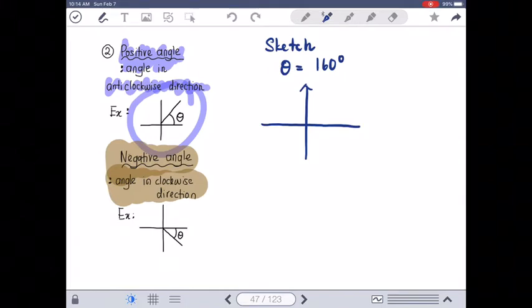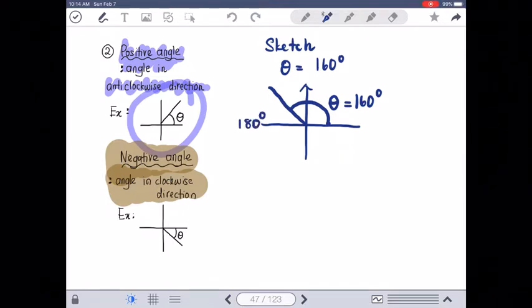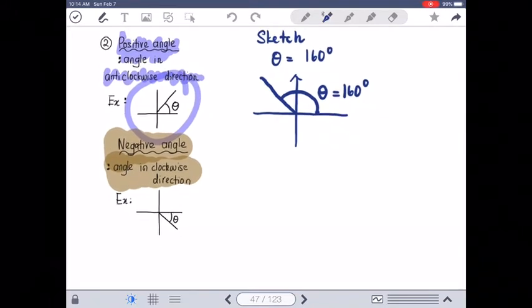So when we have 160 degrees, it means that we start from here, 0, until here. This theta is equal to 160 degrees, because this half is 180 degrees in total.